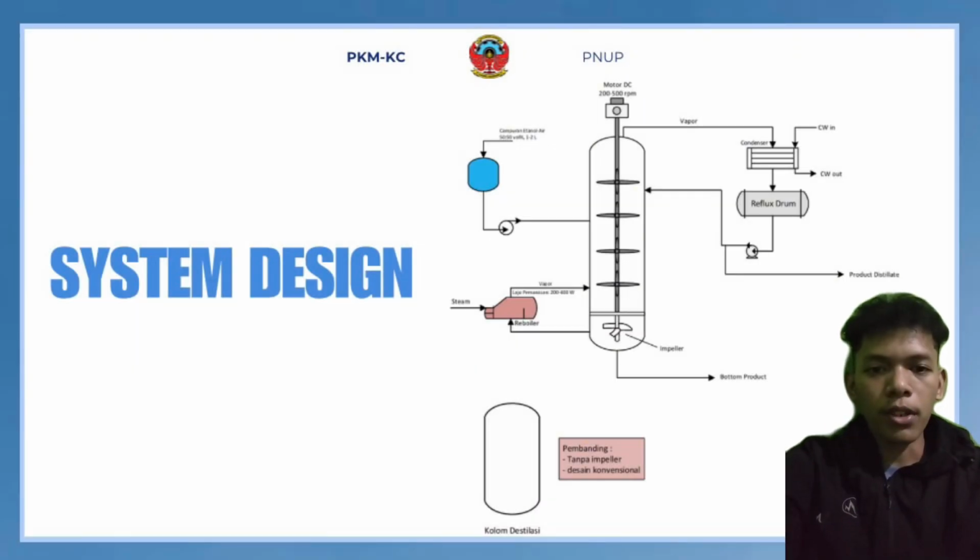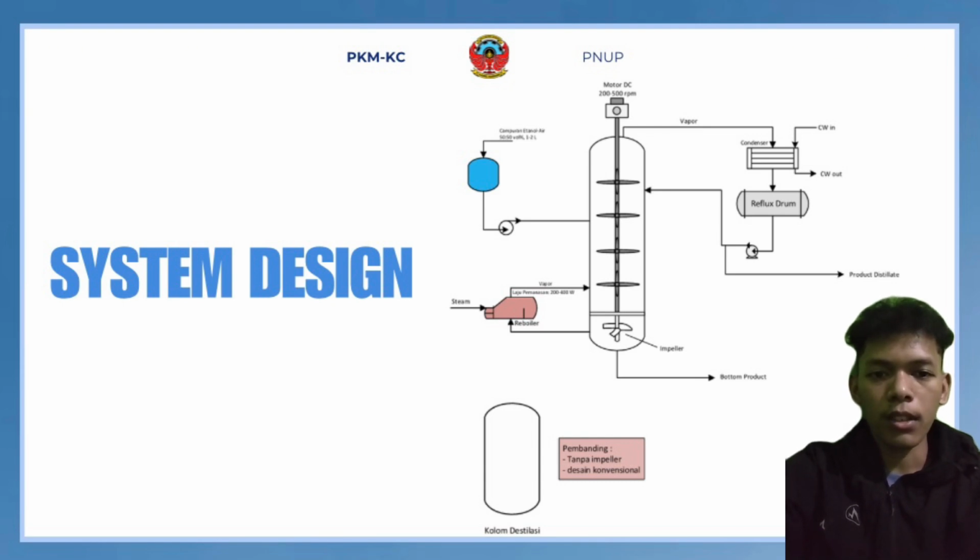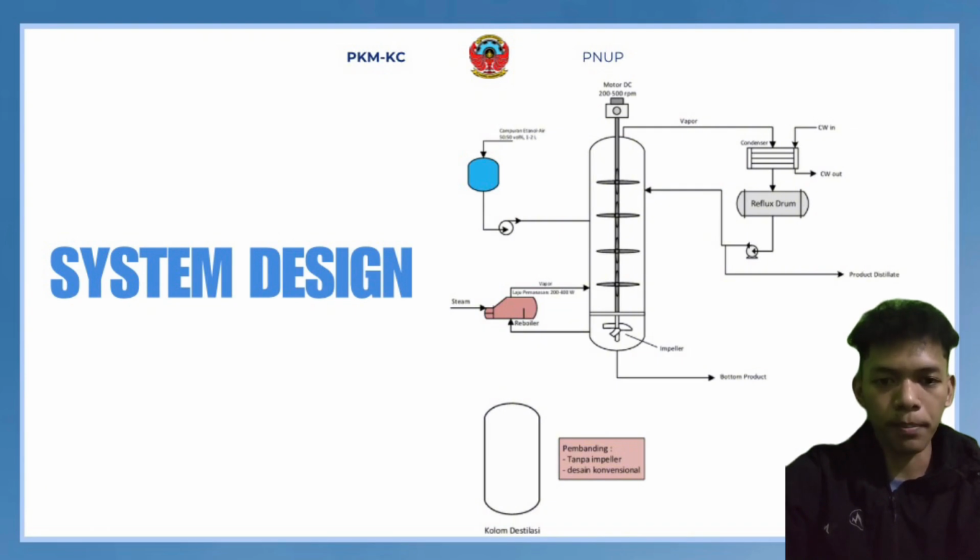The distillation process begins when a mixture of ethanol-water with a ratio of 50-50 is pumped into the distillation column. Then the liquid is heated using a reboiler with a power of 200 to 400 W to produce ethanol-rich steam. Lower boiling point components like ethanol will evaporate first.